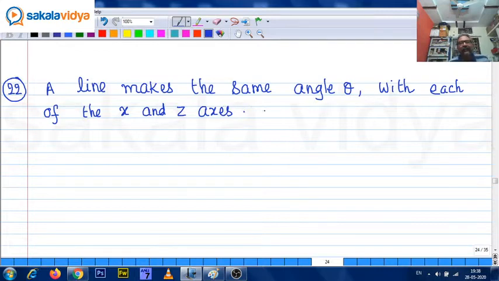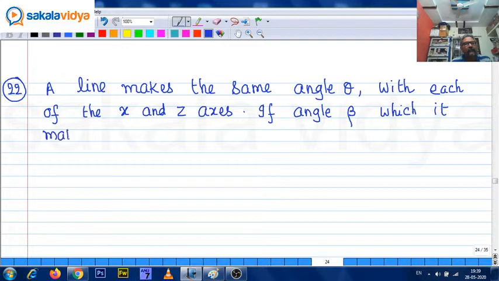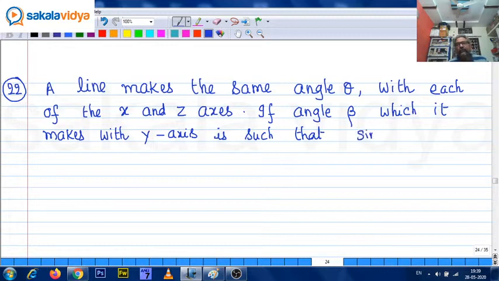If angle beta, which it makes with the y-axis, is such that sine square beta equals 3 sine square theta, then cos square theta equals?